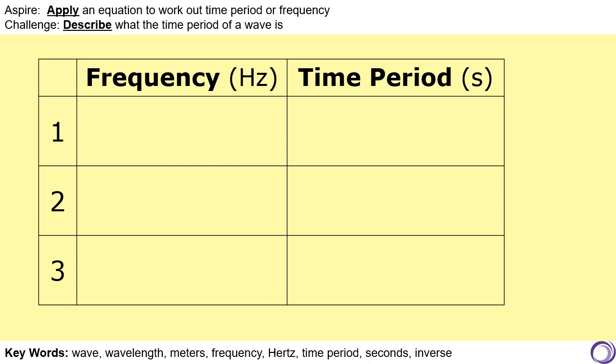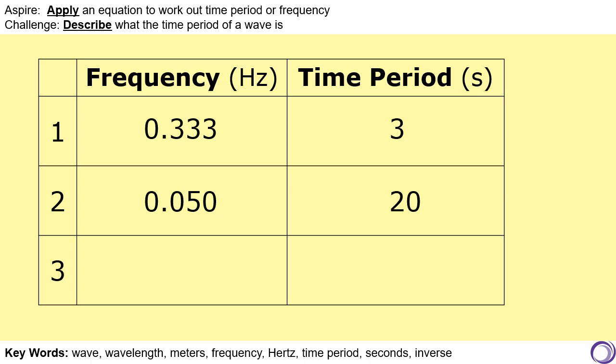Now, if you look at your notes from all the graphs that we've done so far, for the first wave, the frequency that we found was 0.33 recurring hertz, and the time period was 3 seconds. For the second wave, the frequency was 0.05 hertz, and the time period was 20 seconds.